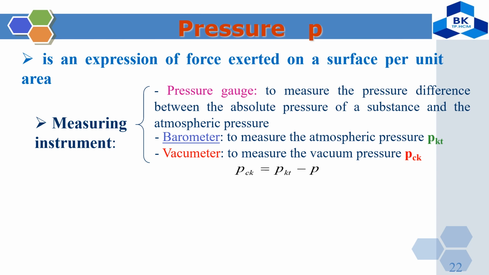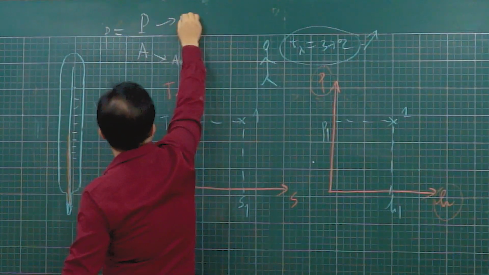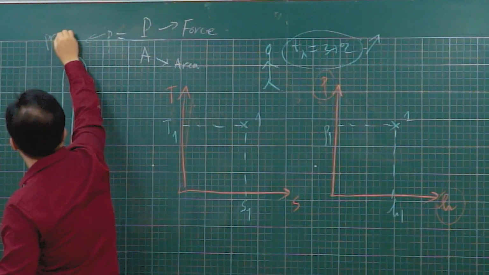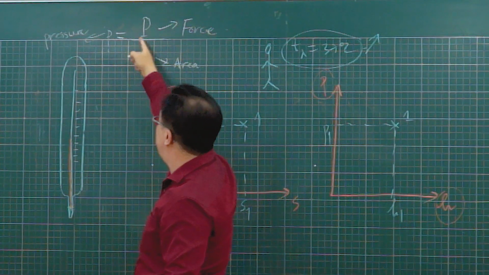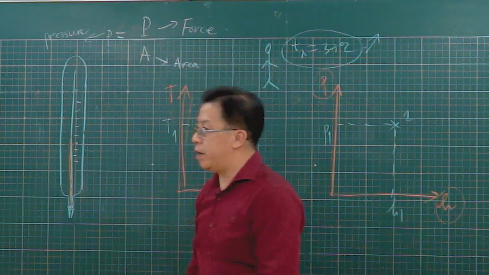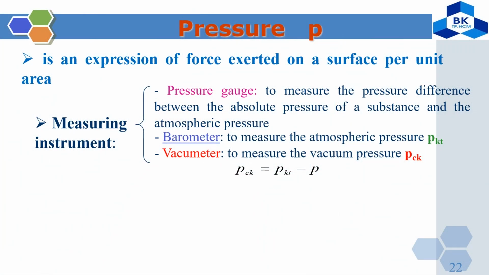If we call P the pressure, F is the force, and A is the area, then the pressure equals the force F divided by the area A. So we get the pressure.